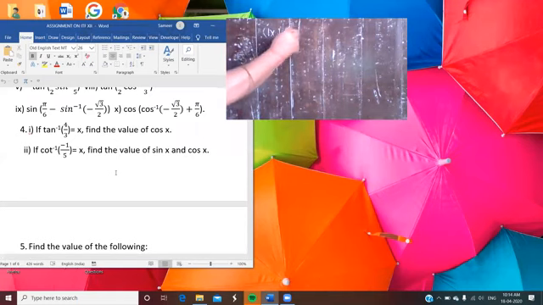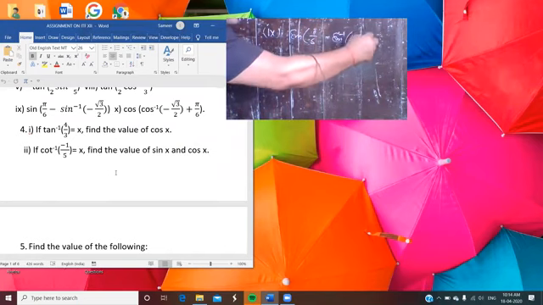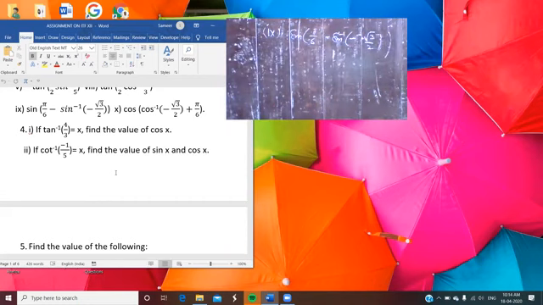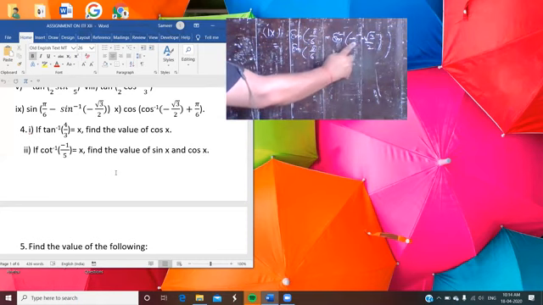Here it is sine of pi by 6 minus sine inverse of minus root 3 by 2. You have to find its value. So what you do: here you can write sine pi by 6, and you know the formula sine inverse of minus x is equal to minus sine inverse x.